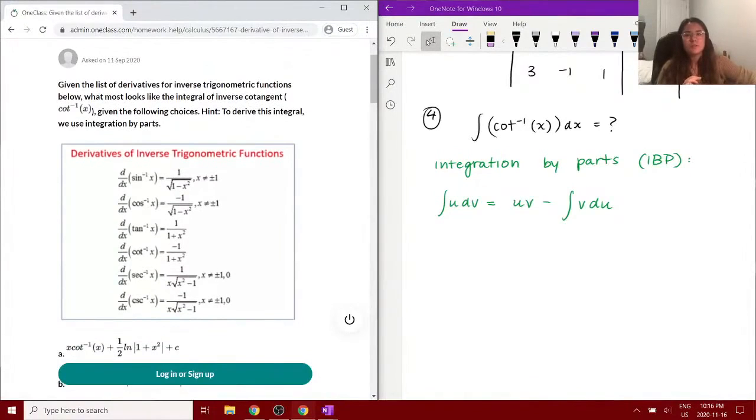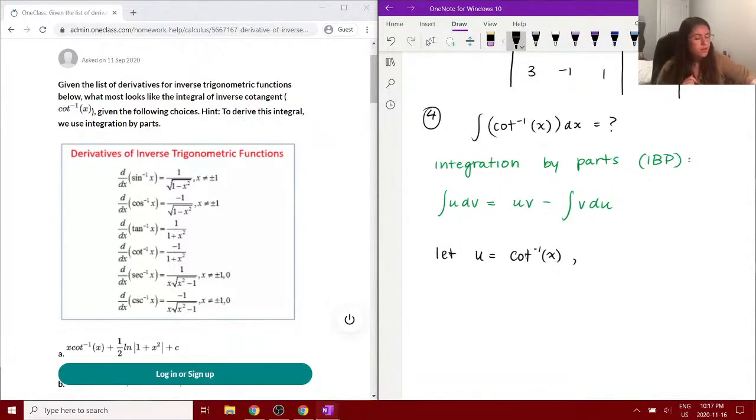All right, so let's start by assigning different parts. As you can see, we have a u and we have a dv. So what parts of our equation are we going to set to u and dv? From our example, we're going to let u equal the inverse cotangent.